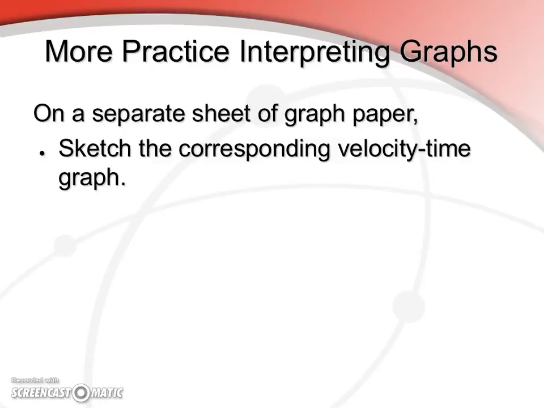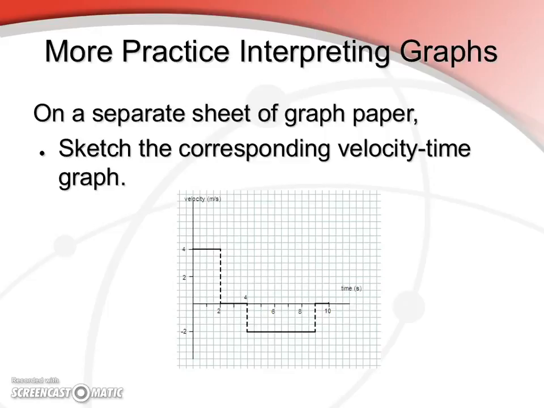Okay, sketching the corresponding velocity time graph. Please go ahead and pause the movie and do that now. Okay, now welcome back. Here is my sketch of the velocity time graph. You can see, remember, we were at 4 meters per second for the first 2 seconds. Constant speed.